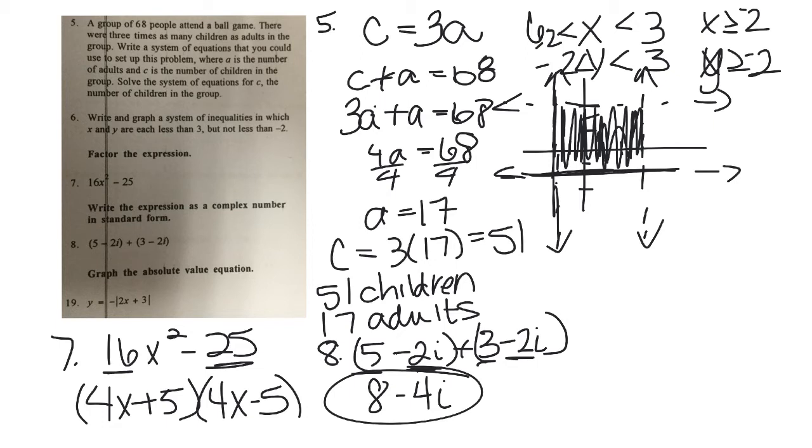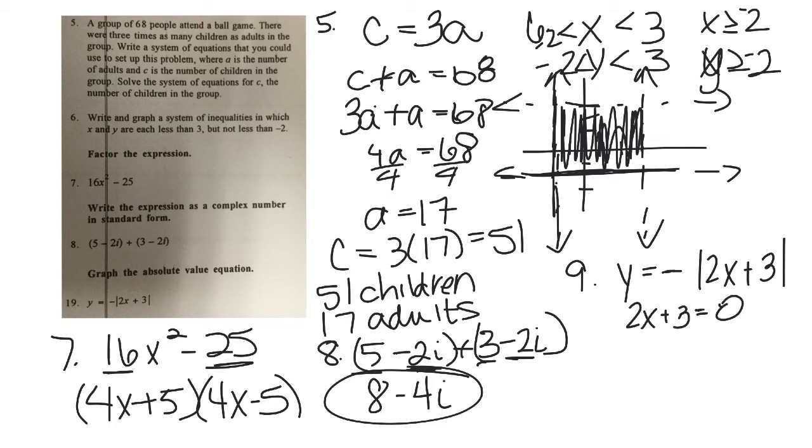And lastly, graph the absolute value equation. Y equals negative absolute value of 2x plus 3. This one, we're going to find our vertex. And because I have a coefficient on the x, I've got a horizontal shrink factor of 1/2. So I'm going to have to just take 2x plus 3, set it equal to 0 to find the x value of the vertex.